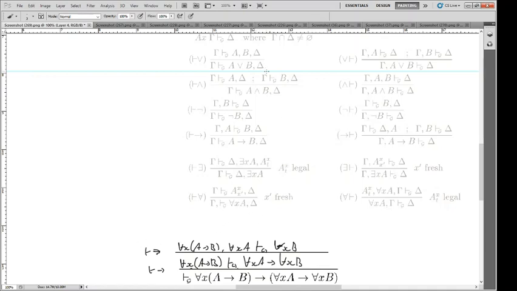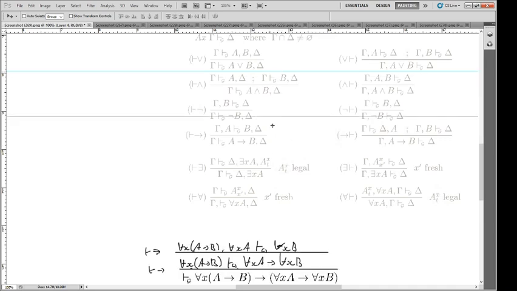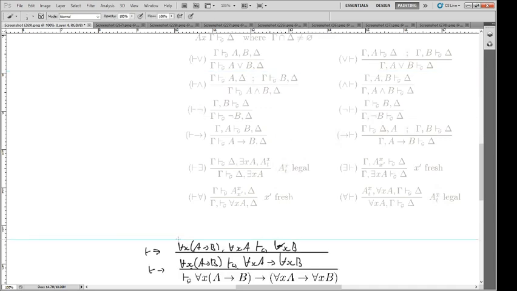So we'll apply that rule here so that instead of B, we have B where x prime is substituted for x in B. And this is also a legal substitution because x is not a free variable here, because it's bound by the quantifier.